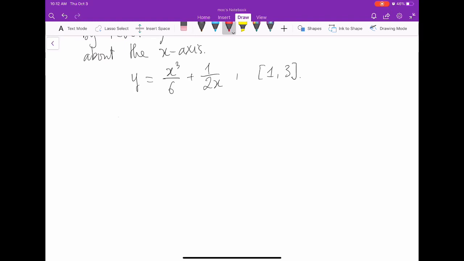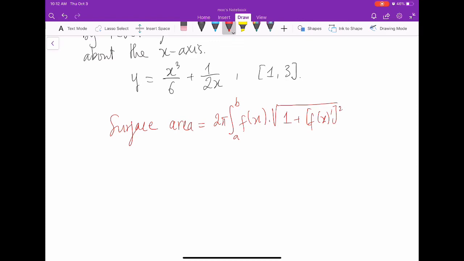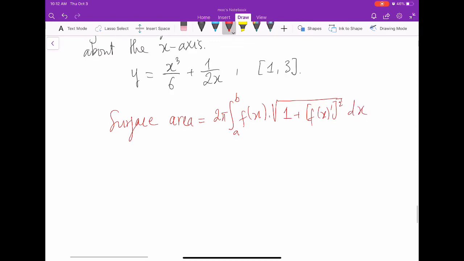The surface area equals the integral from a to b of 2 pi, and since we rotate about the x-axis, here's f of x, times the square root of 1 plus f of x derivative squared, dx.